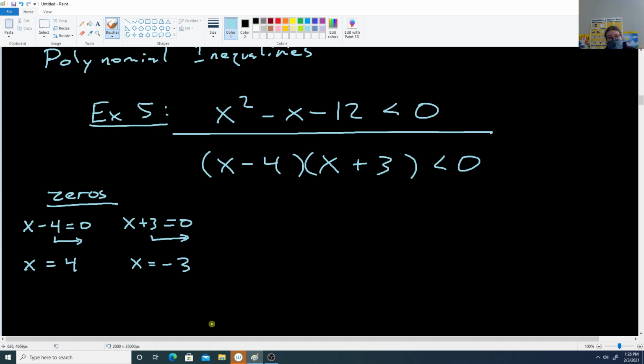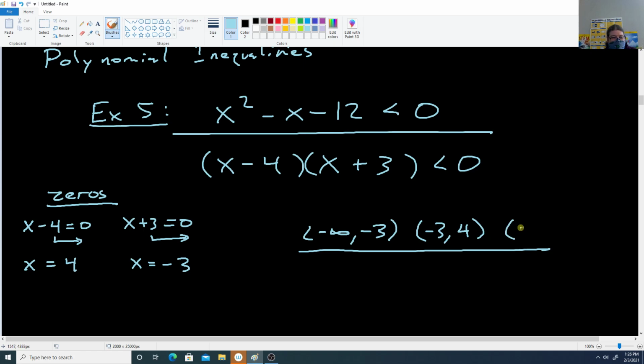Then, once we get those, we're going to use those numbers to build a chart. We're going to have a negative infinity up to the smallest number, up to the next number, then the next number up to infinity. So we have to order these, or it's negative infinity. It's got to be negative 3 because that comes on the number line before positive 4 does.